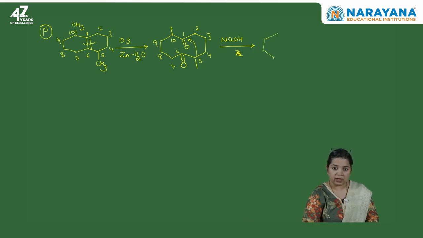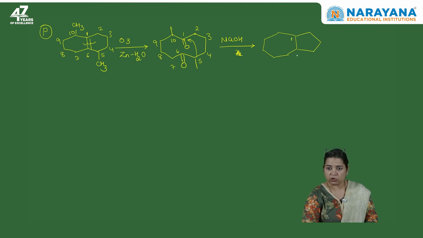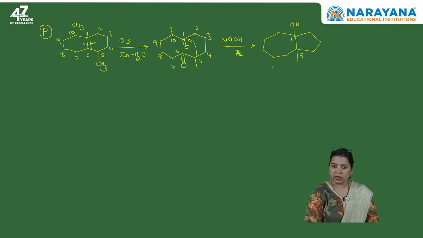So on one side I will have a 7-member ring, and on the other side a 5-member ring, and the junction points are 1 and 5. The fifth one will have this CH3, and one will have the OH, as it is an aldol addition they are considering, right?